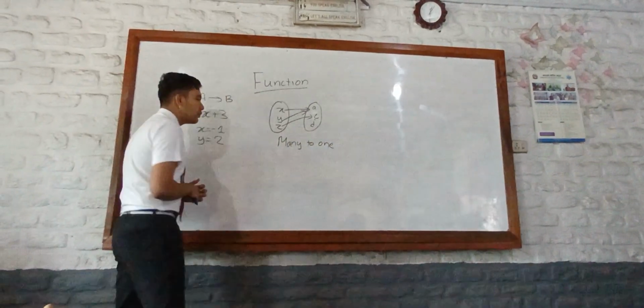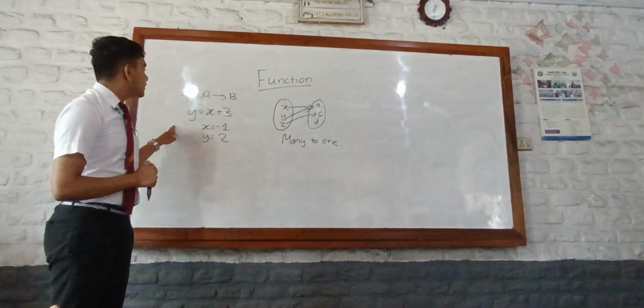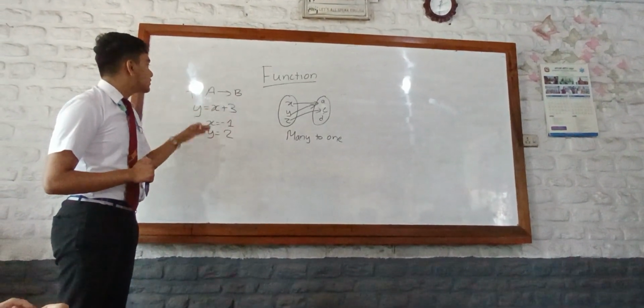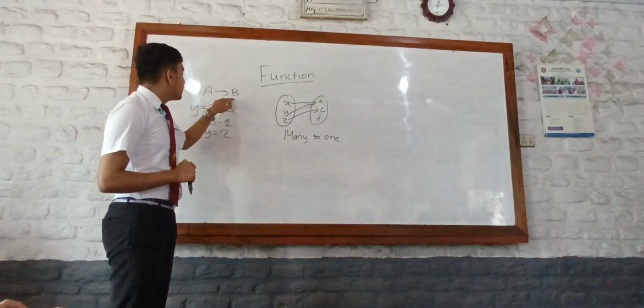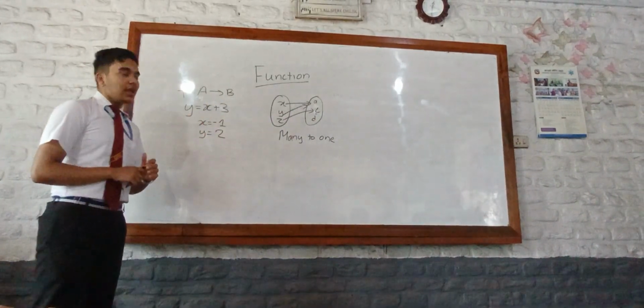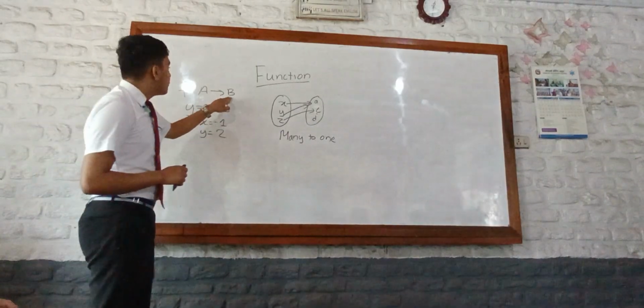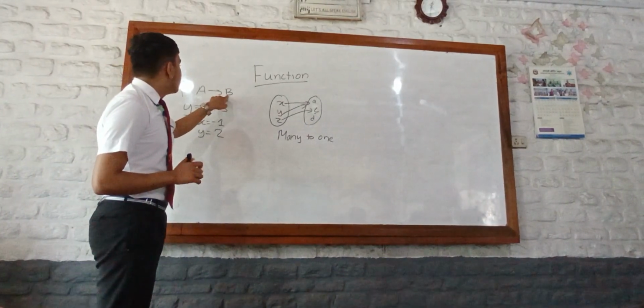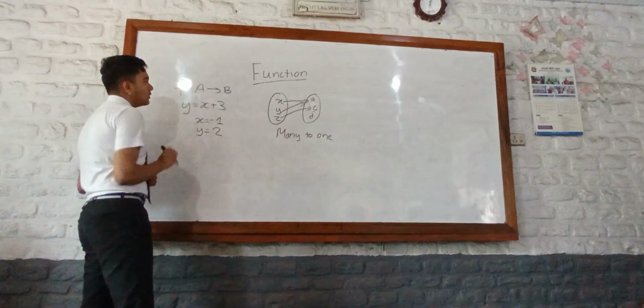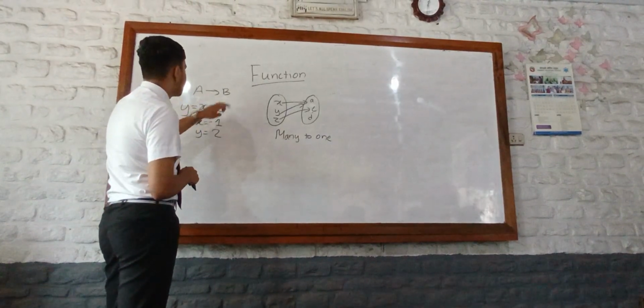So we can define a function from set A to B such that each element of set A associates with at least one element of set B, and there should be only one image of each element of set A in set B.